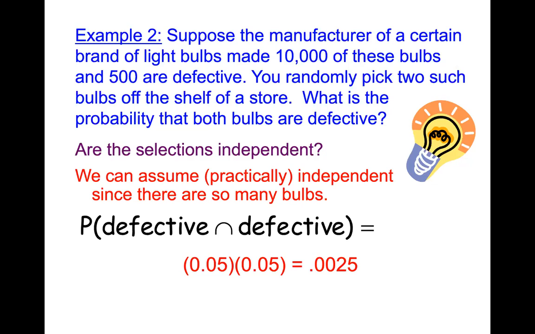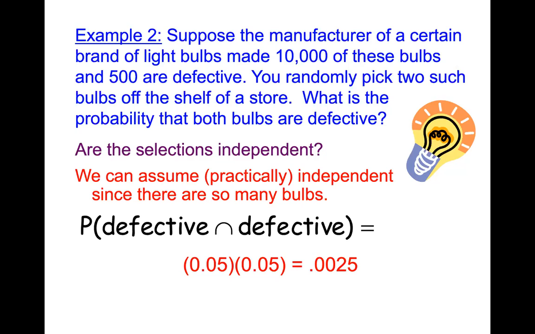So the card example, when I picked a spade and I didn't replace it, the deck is now out of 51 cards instead of 52 cards, right? So that actually does make a pretty significant difference. If you calculate, let me do that real quick.